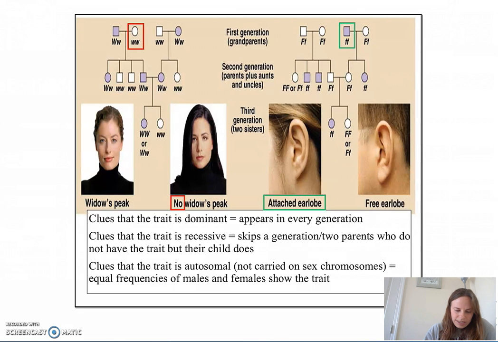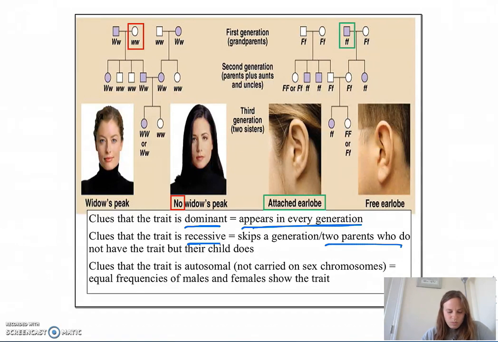Clues that a trait is dominant include that trait appearing in every generation, meaning that there is a shaded box or a shaded circle in every generation. Clues that the trait is recessive mean that it skips a generation.